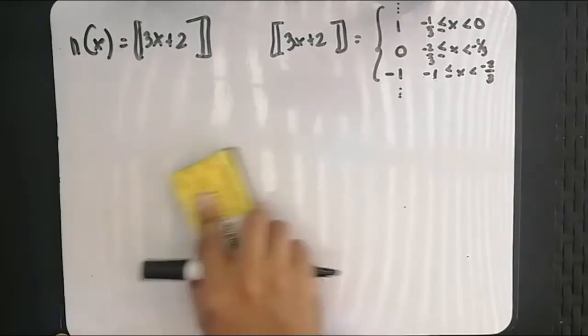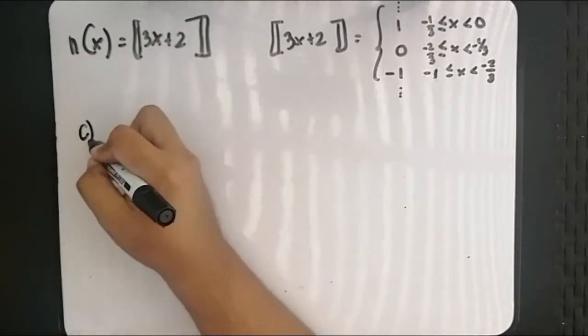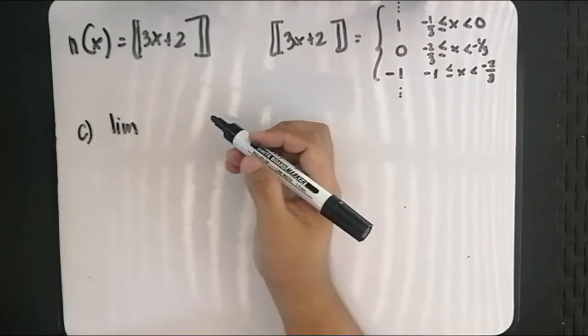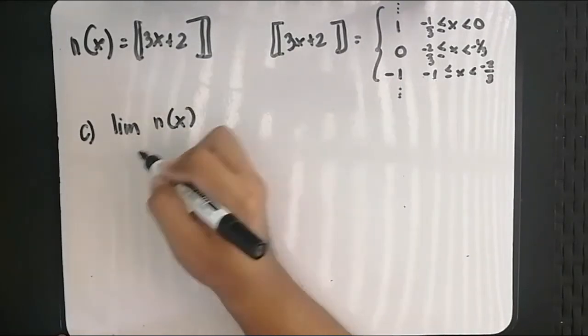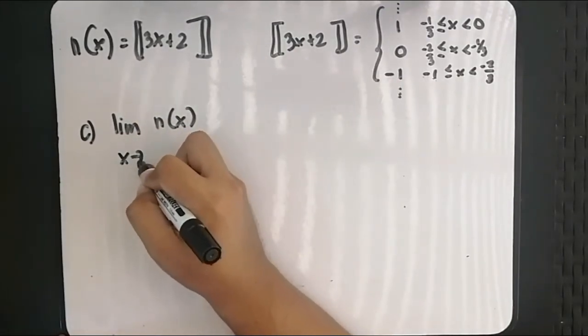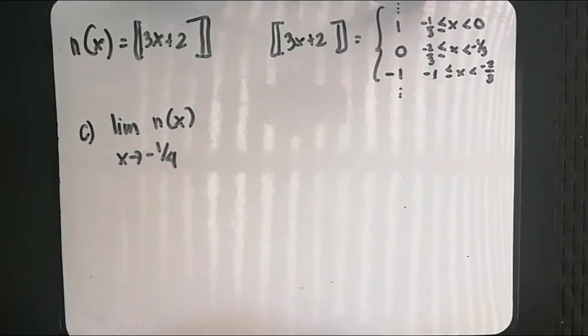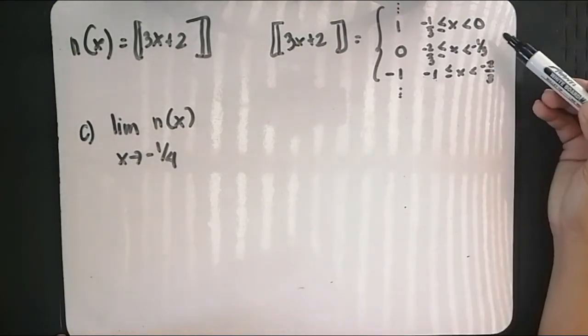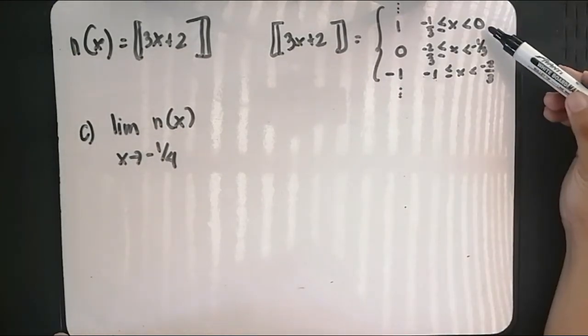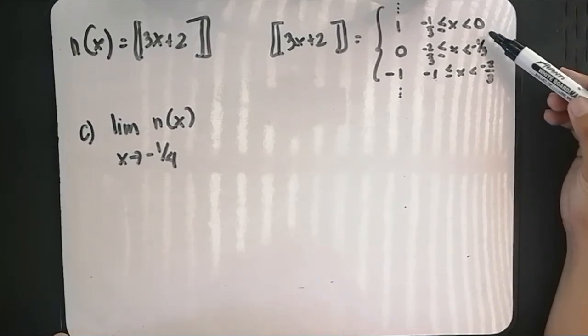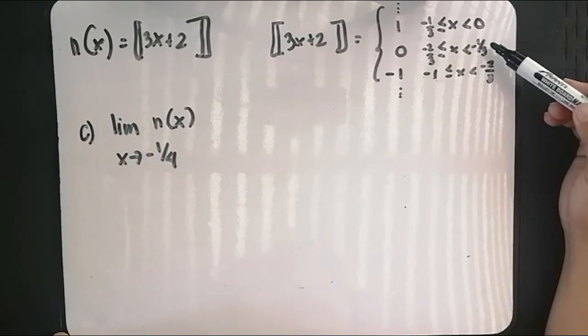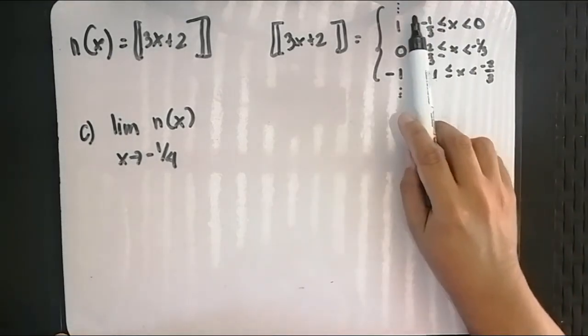For letter C, we wish to find the limit of n of x as x approaches negative 1/4. So in this case, tignan lang natin, negative 1/4. Meron bang negative 1/4 sa end points natin or sa end ng interval? Wala. Pero alam natin that negative 1/4 lies here.